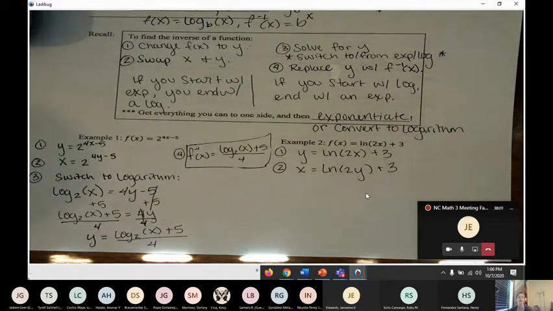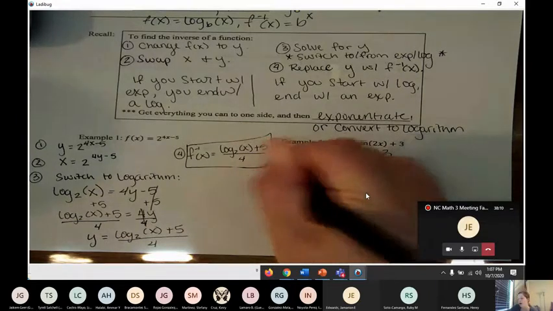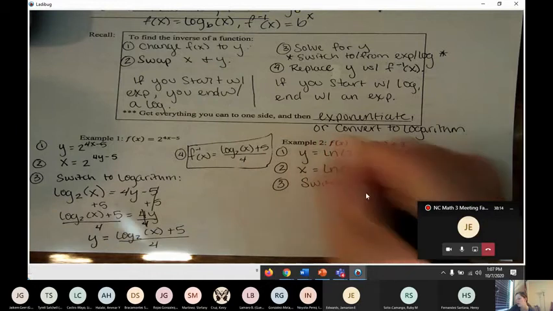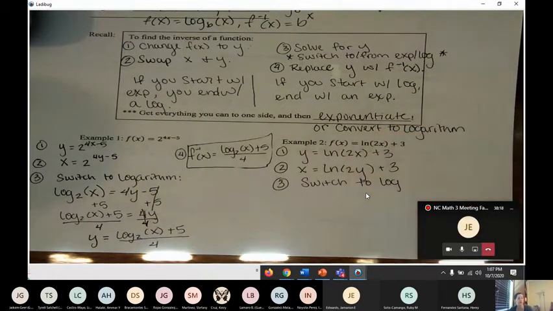All right, now here's the doozy stuff. This is the step where we're solving for y. And so what we have to do first is switch to a log, okay? And I'm gonna help you out. Jonathan's not here. So let's see who the lucky winner is. Olivia's not here.